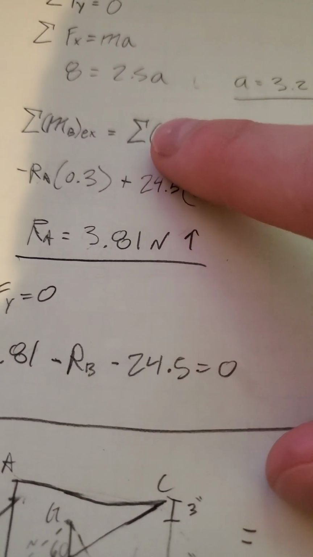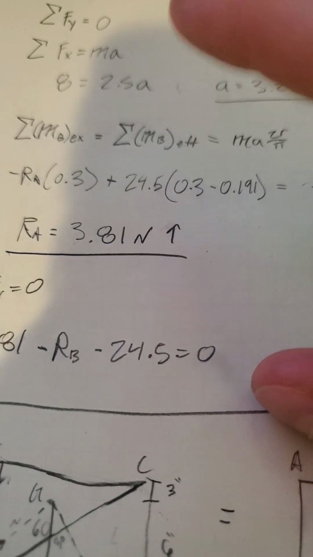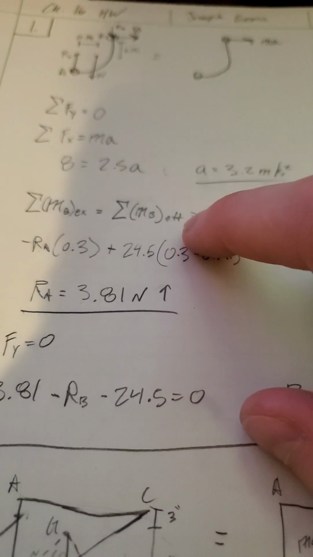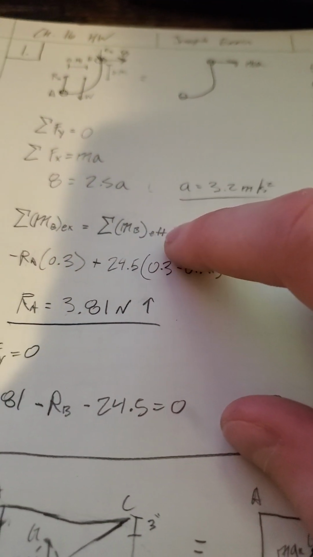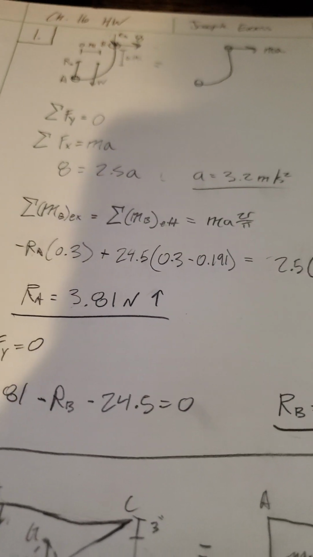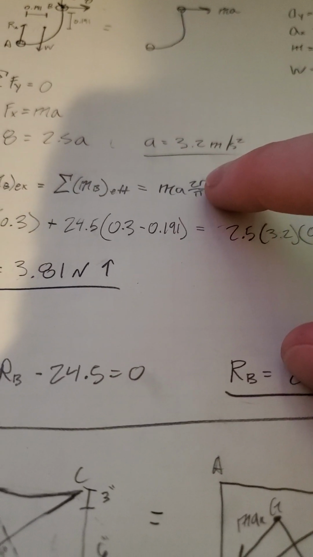So we know that all the external moments, if you sum them up, are going to equal the moment affecting the rigid body itself. So that is ultimately going to equal mass times acceleration times 2r over pi.